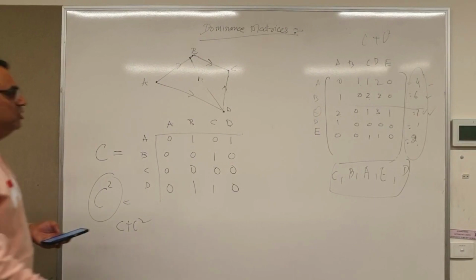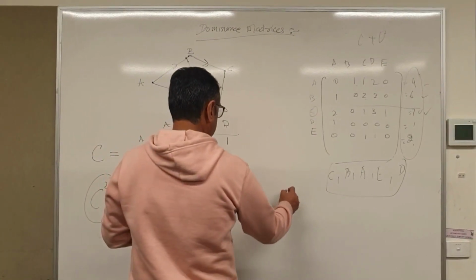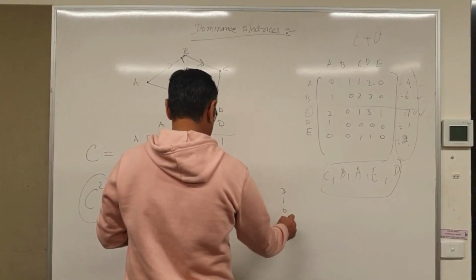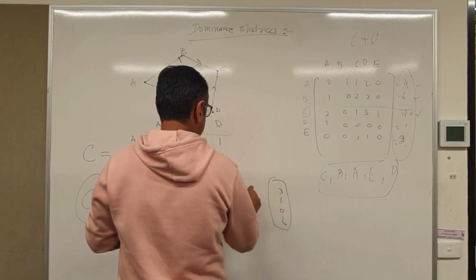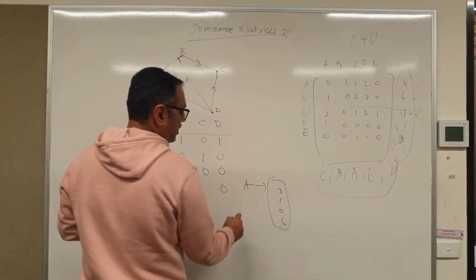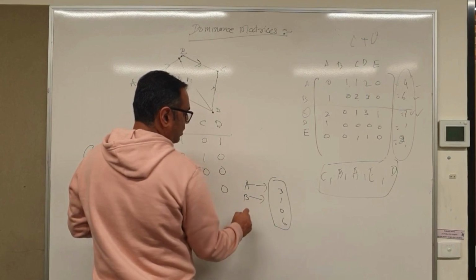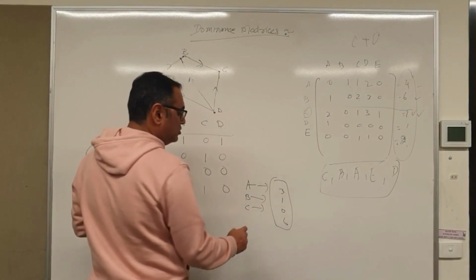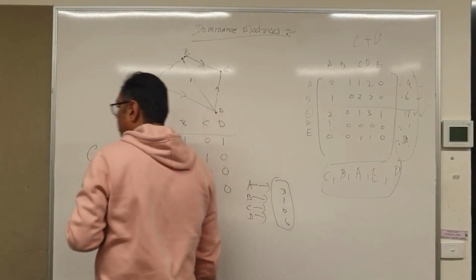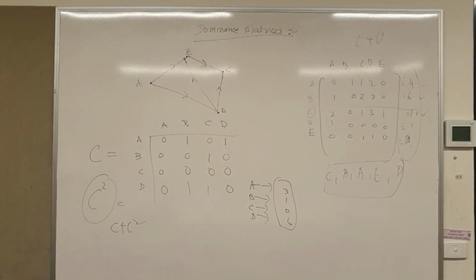So dominance would be in the order of 3, 1, 0, and 6. So row A will total up to 3, row B will total up to 1, row C will total up to 0, and row D will total up to 6.